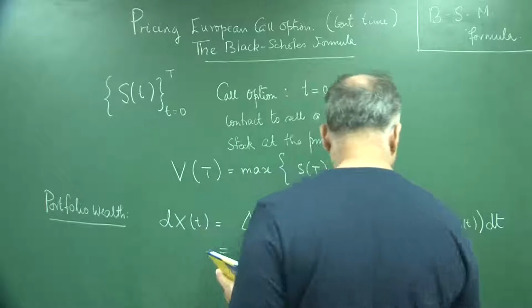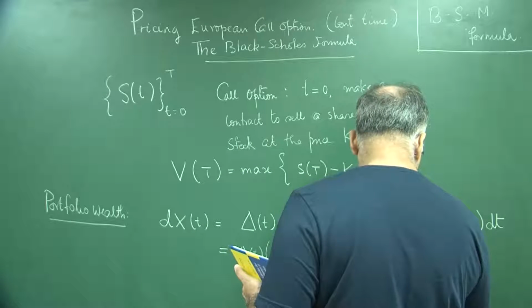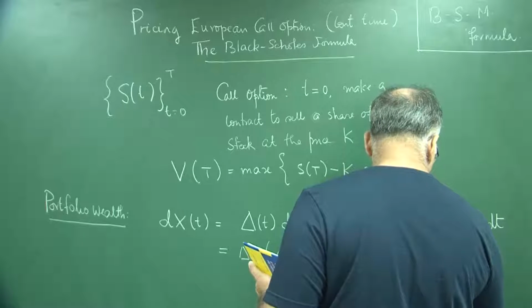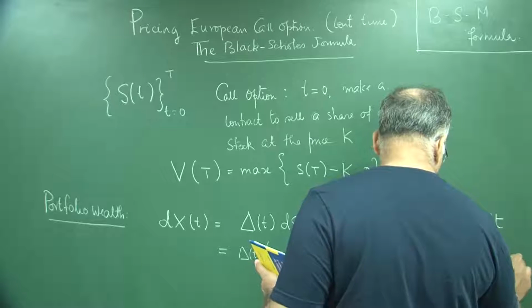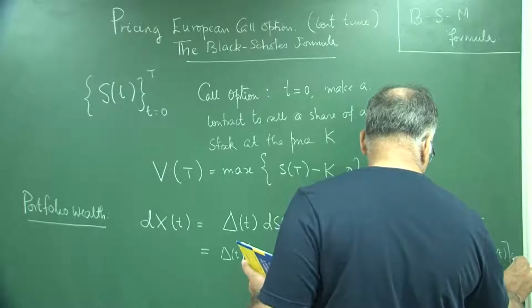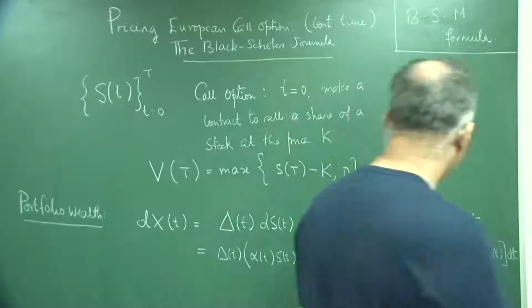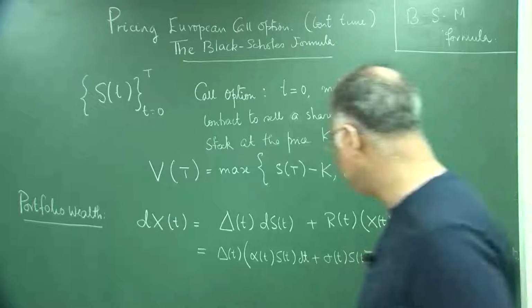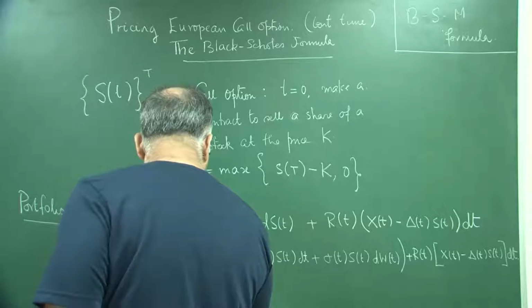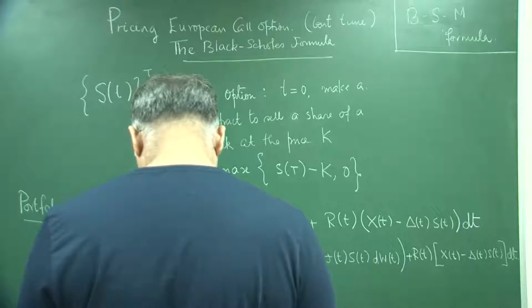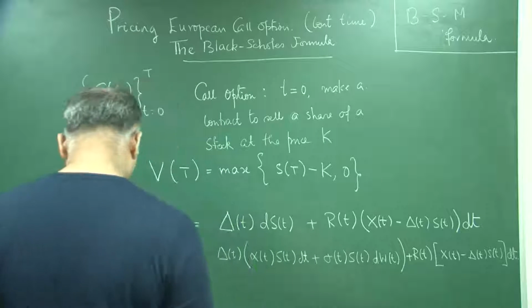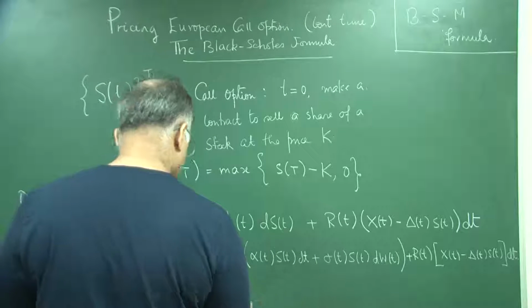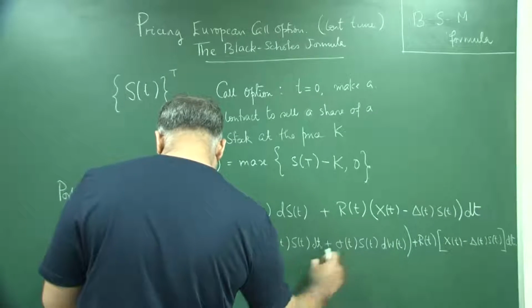So, do not bother about it now. Okay. Now, once that is done, you can now write this as, so club the dt term, club the dw t term.